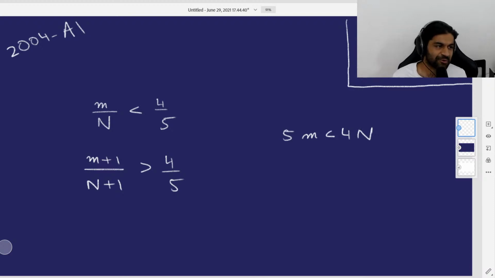But from the second inequality, you would get that 5m plus 1 is also going to be greater than 4n, right? So 4n is now an integer between 5m and 5m plus 1, which gives you a contradiction. Okay? So let me know if that makes sense.